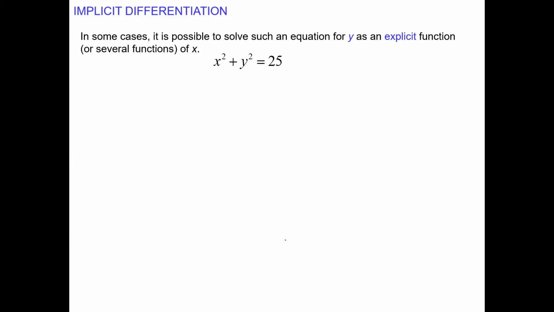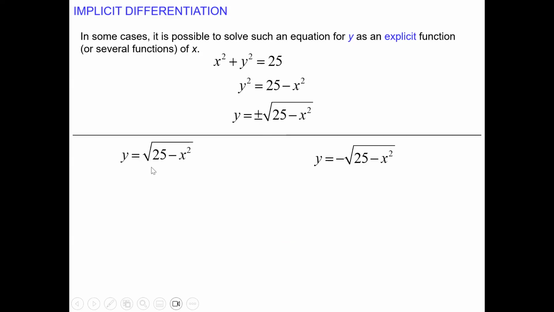circle and force it, let's solve it, because this one is extremely easy. Let's solve this equation for y. The first step is to subtract x squared from both sides and then take the square root of both sides, of course plus and minus.